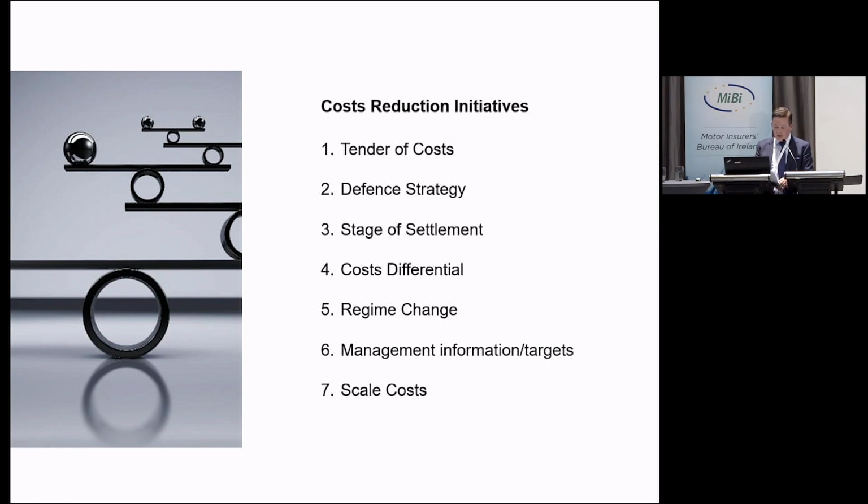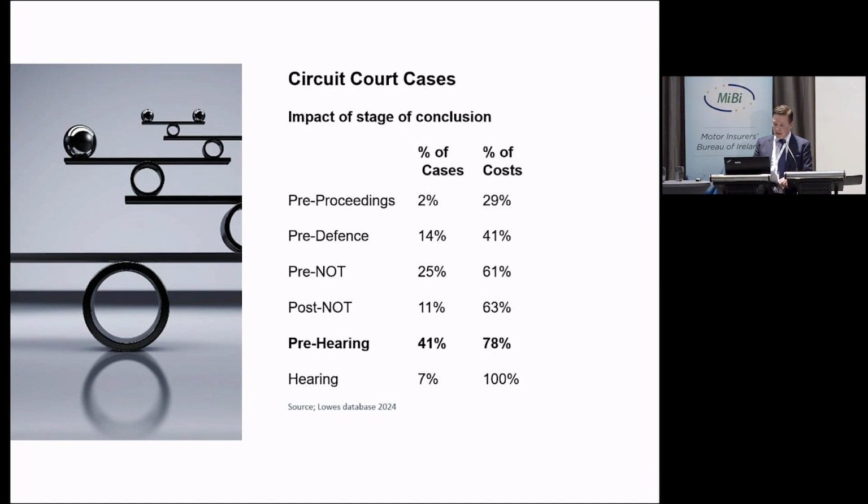And of course it would, because if a matter is settled shortly after proceedings issue, or if a matter settles by a determination or a judgment of the court, for the same sum you're going to have two very significant amounts of costs. And if I can just fast forward and look at that slide, based on the data that we have built up over a number of years, if you look at a hearing, clearly the costs will be 100% at hearing.